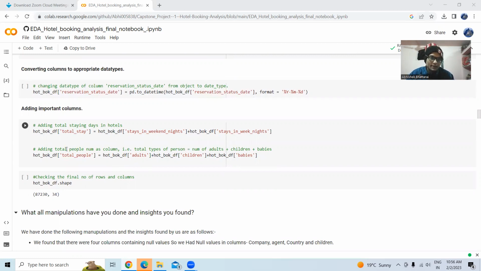Now we can check the shape of our data set, hotel df, because we have added some new columns. Here we can see the new shape of our data set.